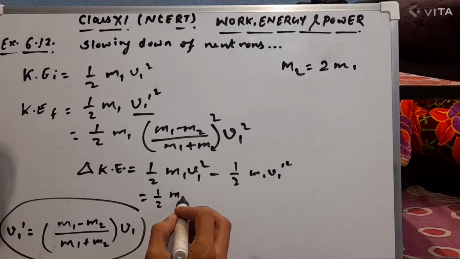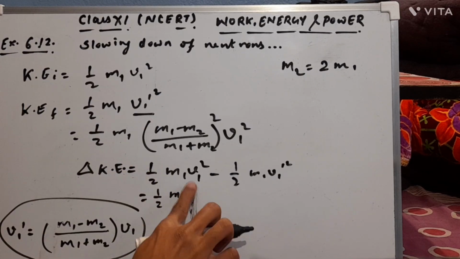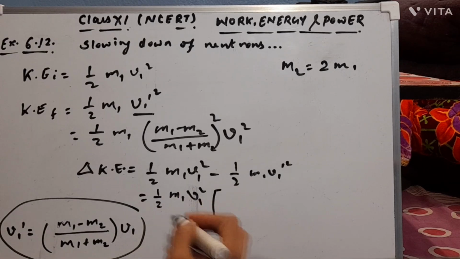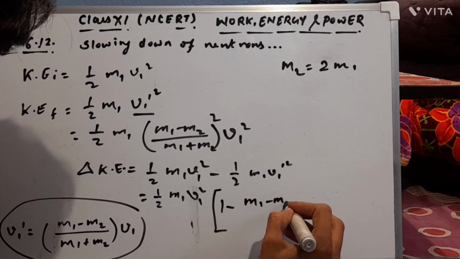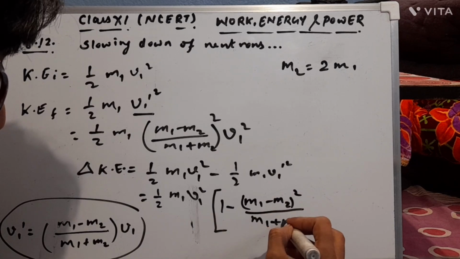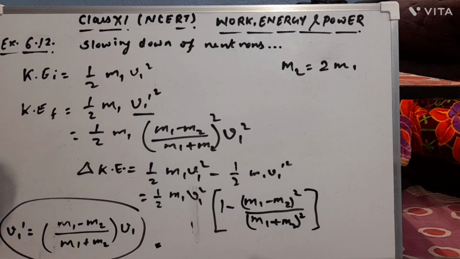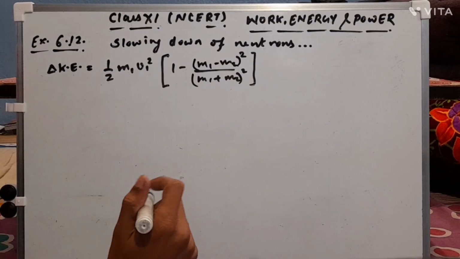I can take this half m1 common, and we can take the v1 square also common. Then we will get 1 minus m1 minus m2 whole square upon m1 plus m2 whole square. So this is the change in kinetic energy, that means we are calculating the loss in kinetic energy of the neutrons.